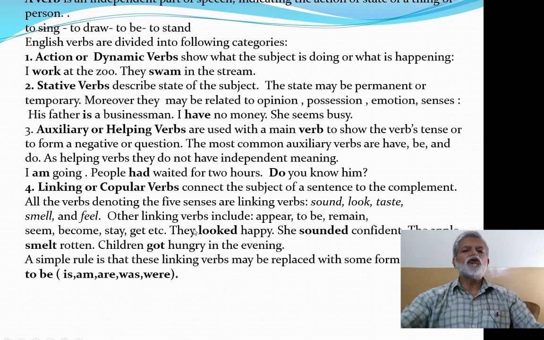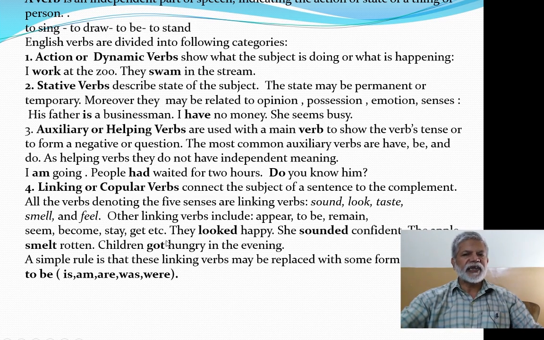Now, to decide whether the verb used in the sentence is a linking verb or an action verb, you are to put these sentences on this touchstone. A simple rule is that linking verbs may be replaced with some form of the verb to be. All these verbs, if they are linking verbs, may easily be replaced with some form of to be: is, am, are, or was.